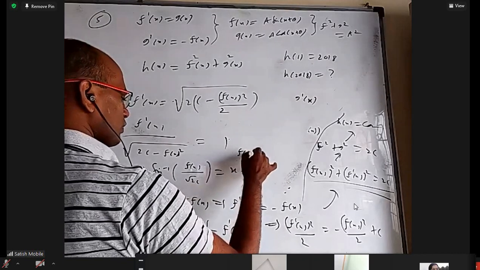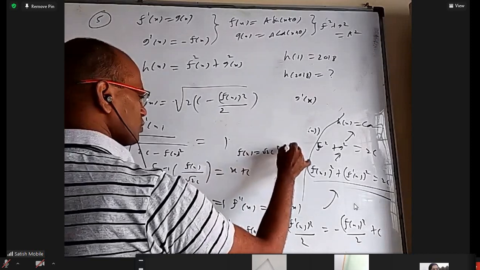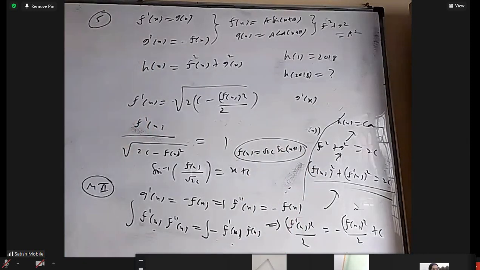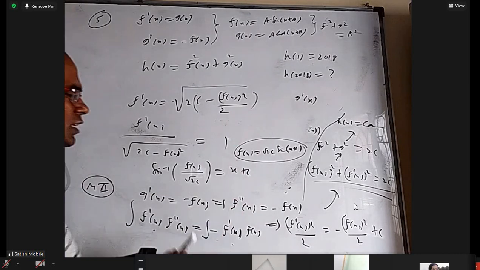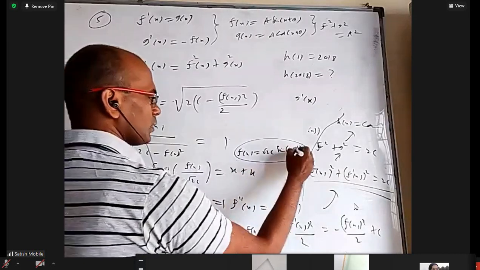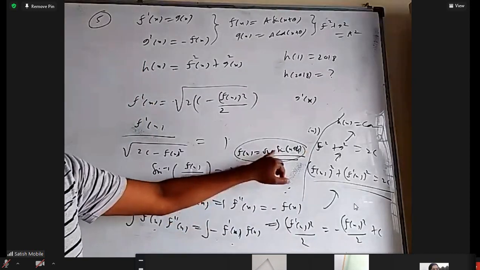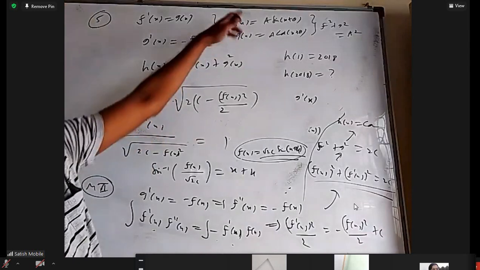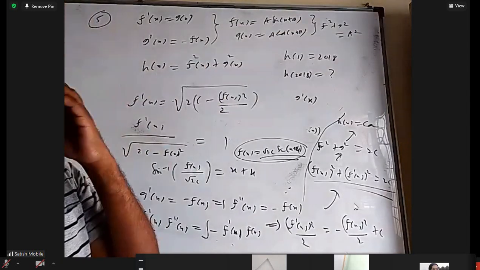You're going to get f of x equal to root 2c into sine of x plus c. Of course, within integration, there will be one more constant. That is this. So this need not be this. You can call it as k. You can see you got f of x equal to some a into sine x plus theta. Okay. So once you understand that, again you can do f square plus g square equal to a constant.